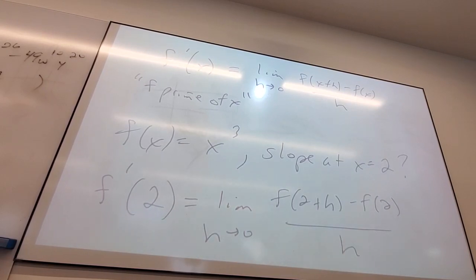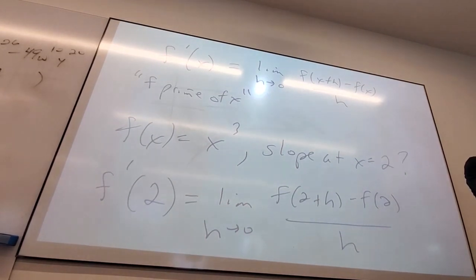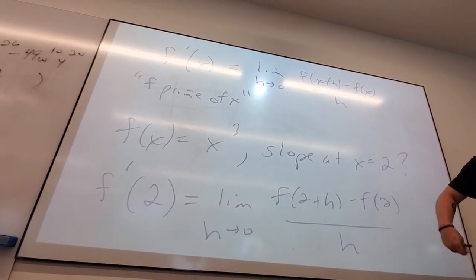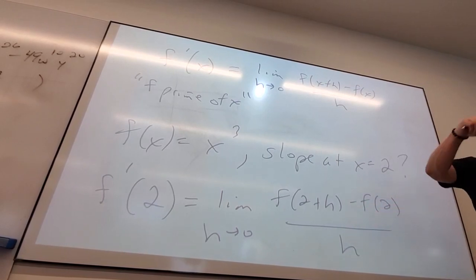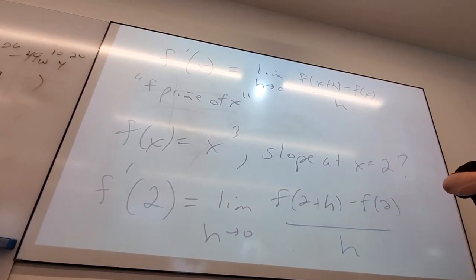Let me stop for a minute. Yes? How would you know if you need to use the prime or just the original? If I see a prime on my f, that means what comes after it is the slope. This is going to become huge very quickly in this class.